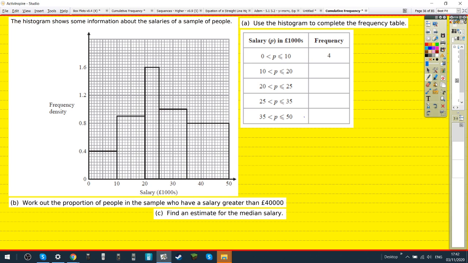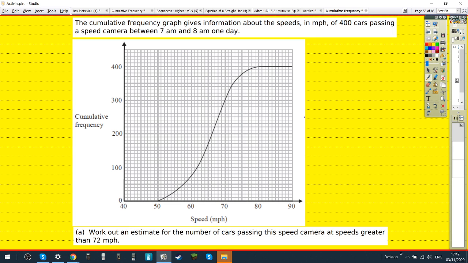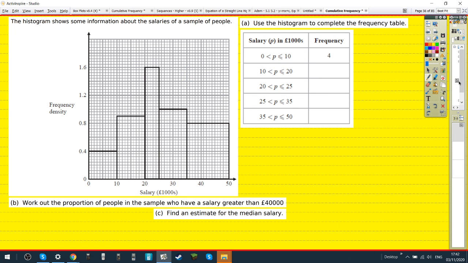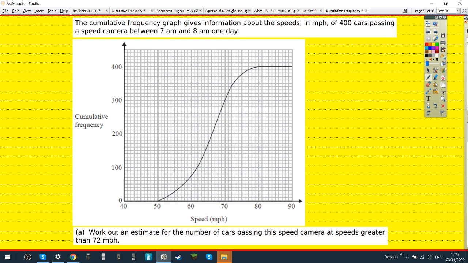This is a histogram. I don't know why that's there. Hang on. Okay, how about this?